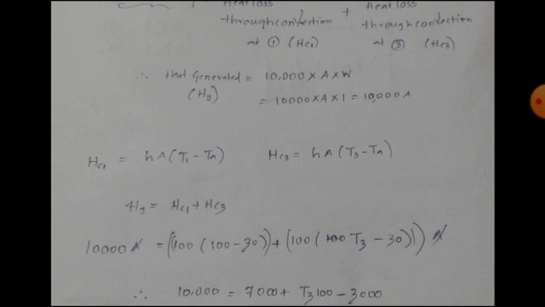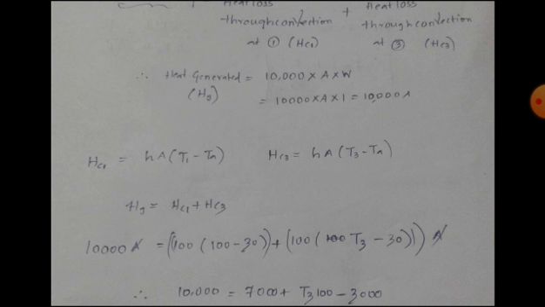Now look at Hc1, that is convection. We know that by Newton's law of cooling the formula is hA(T1 minus T_a). Similarly here for slab 3. From this, Hg, that is total heat generated, is equal to Hc1 plus Hc3. By equating these two, we can find the temperature of the right side surface.